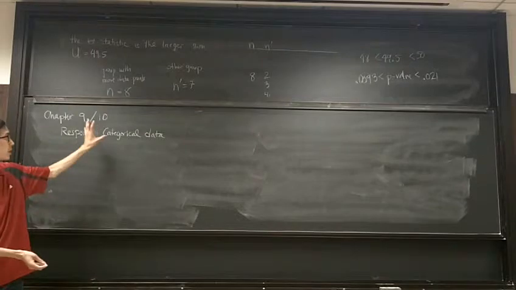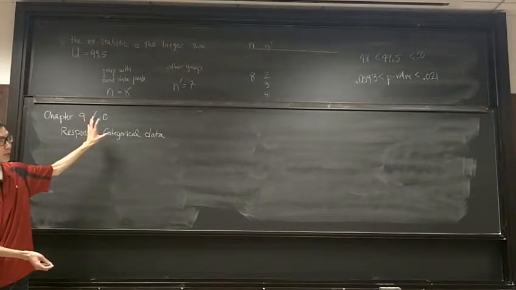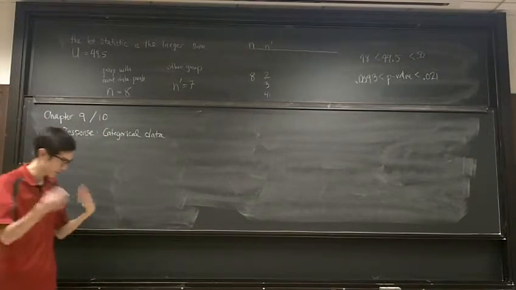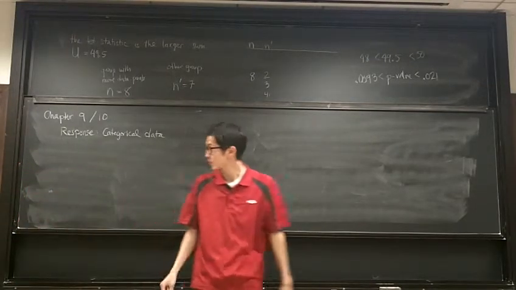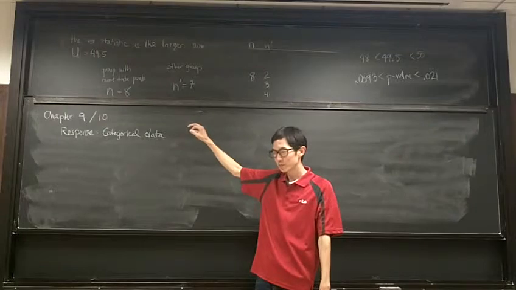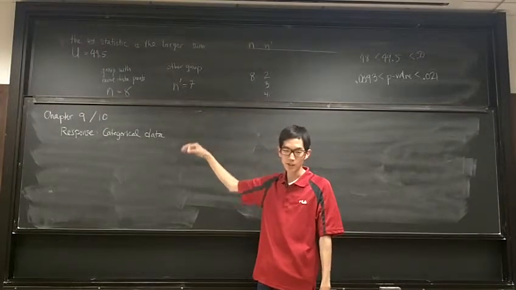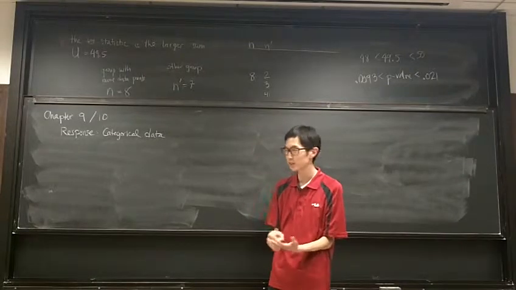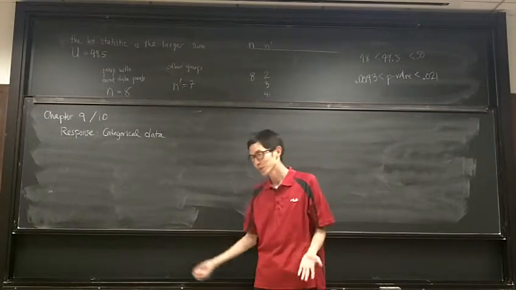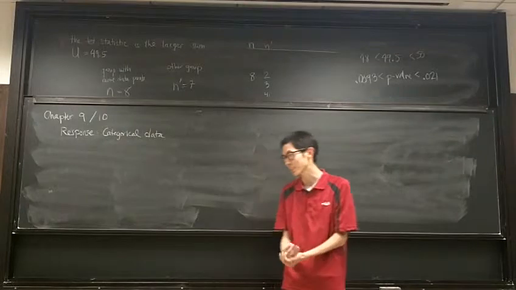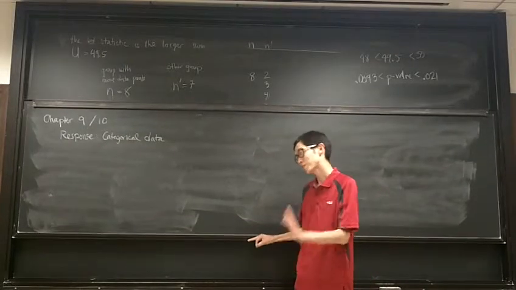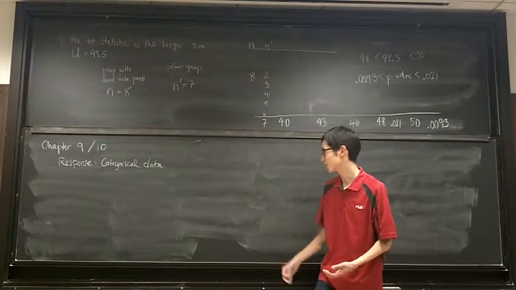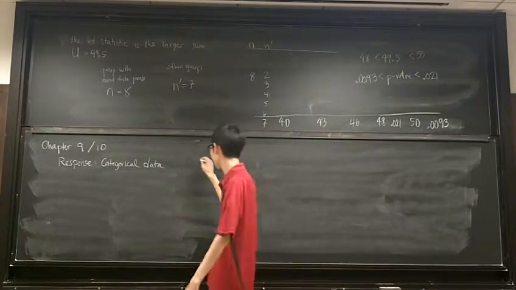Sorry, my brain is all messed up right now. When we're doing hypothesis tests for categorical data, we're almost always going to use the chi-squared test. So it's not a t-test. The chi-squared distribution is derived by somehow squaring the normal distribution and adding a bunch of identical things, but it doesn't matter.